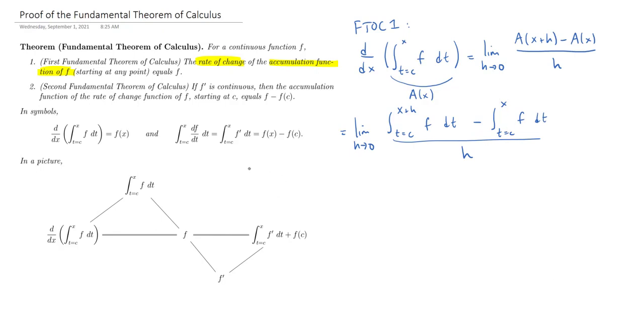So just as a little extra helpful picture here, let's say we put c over here, and this could be x, and maybe this is x plus h. All right?